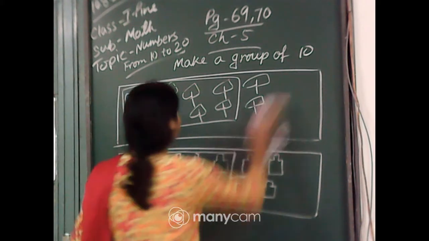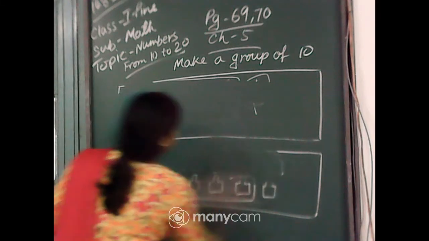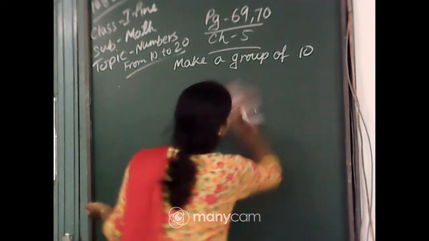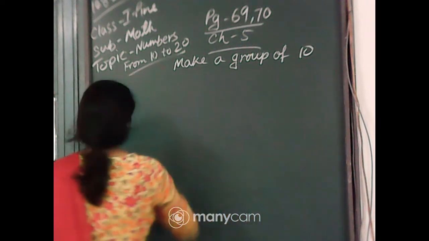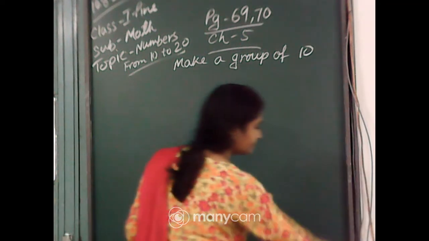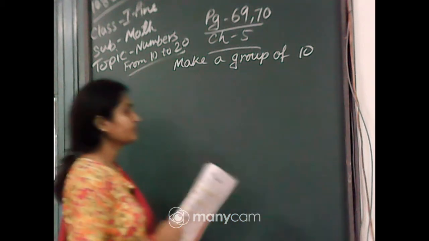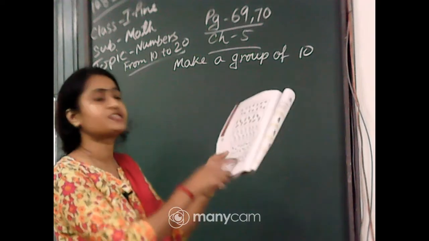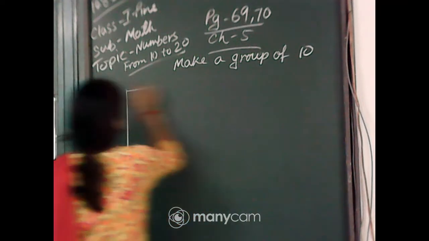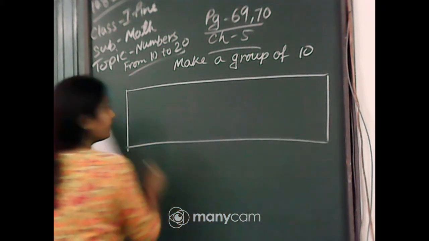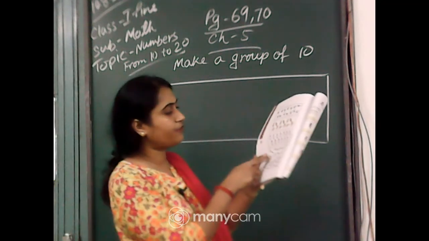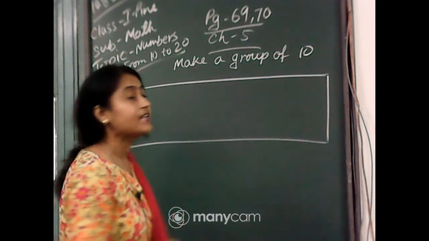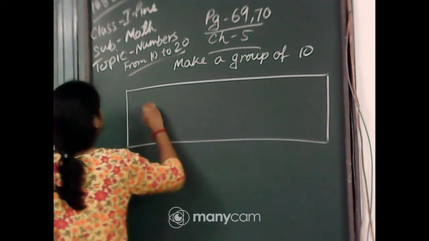Now next. Okay, fine, very good Devayan. Now next, there are leaves. In this box, how many leaves? How many leaves in this box? 1, 2, 3, 4, 5, 6, 7, 8, 9, 10, 11, 12, 13, 14, 15, 16. 16 leaves.